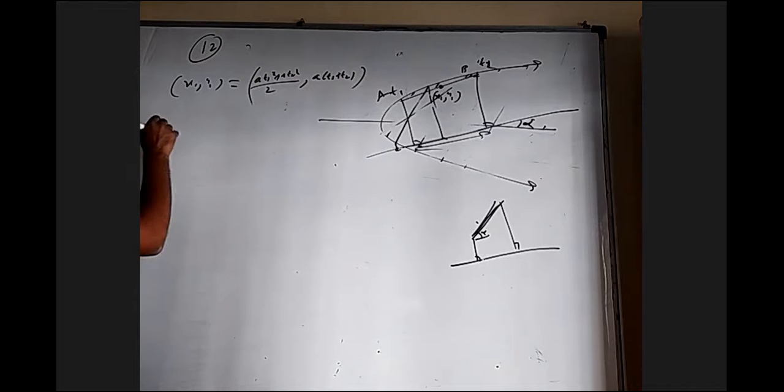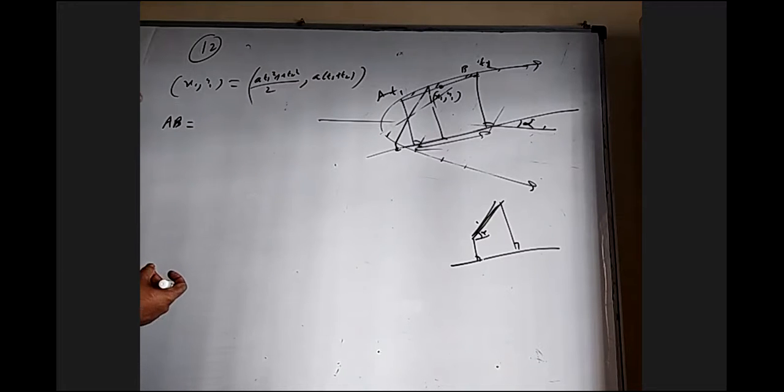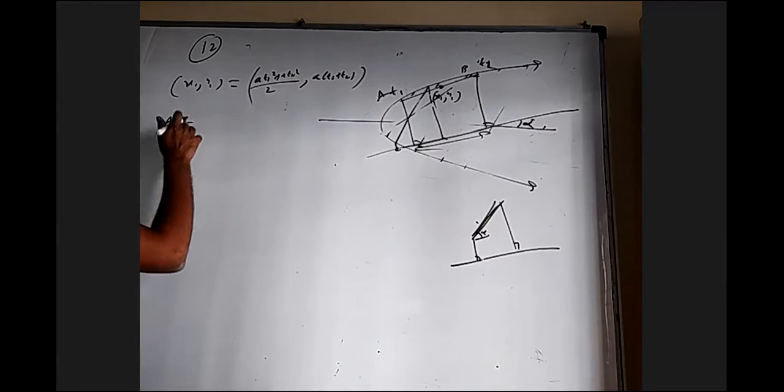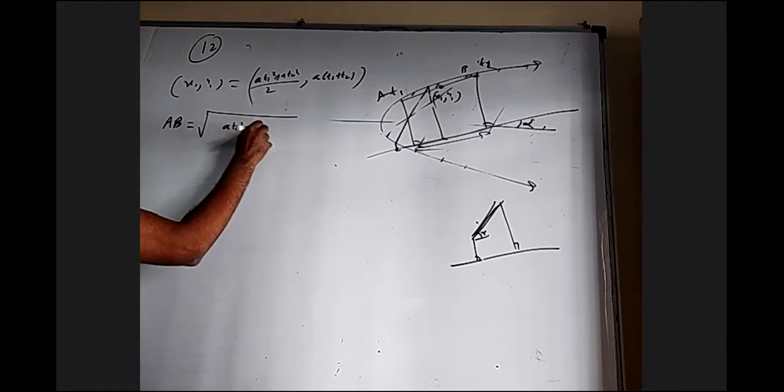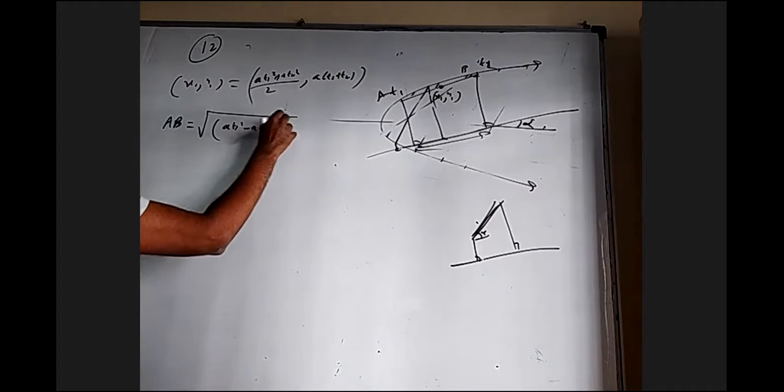Now the distance AB is the square root of (x1 minus x2) whole square plus (y1 minus y2) whole square.